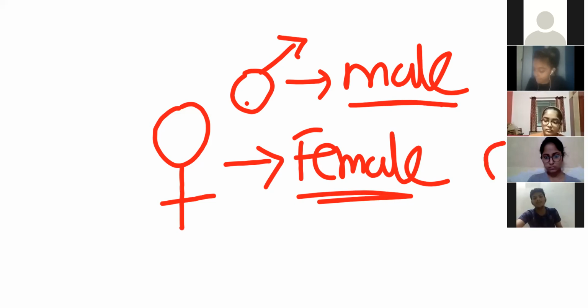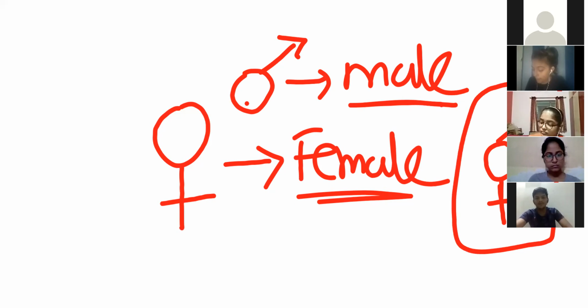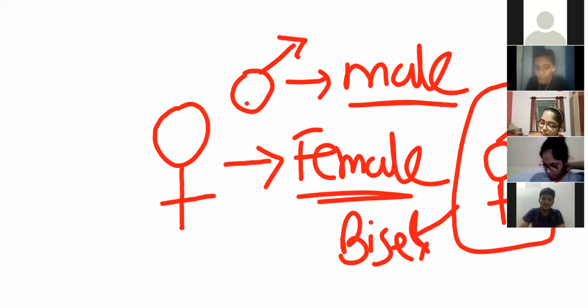But in the majority of flowers, they have both gynoecium as well as androecium, so we represent it this way, both in one, bisexual. All of you clear? All symbols? Yes, ma'am. We have completed this.